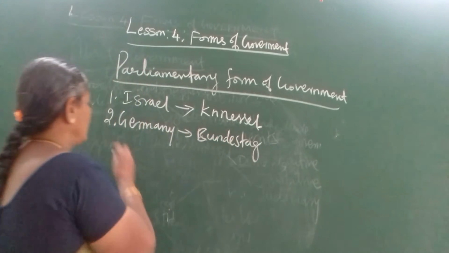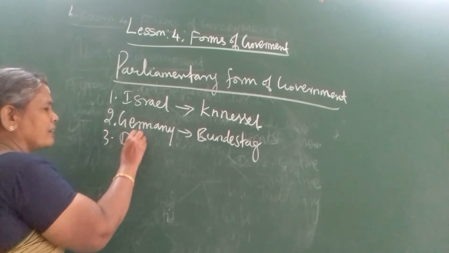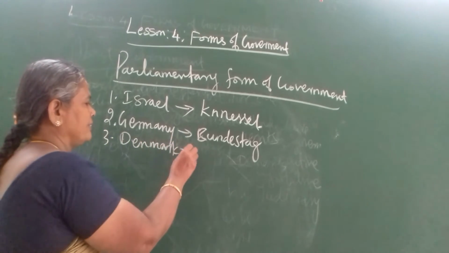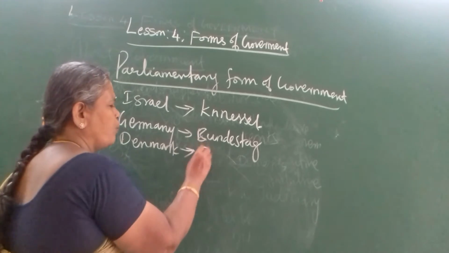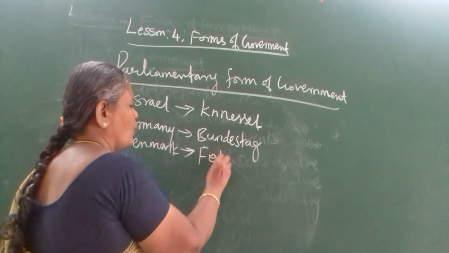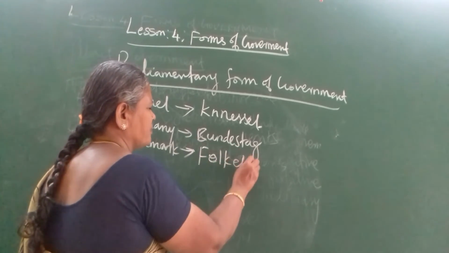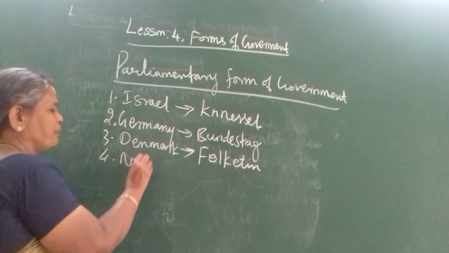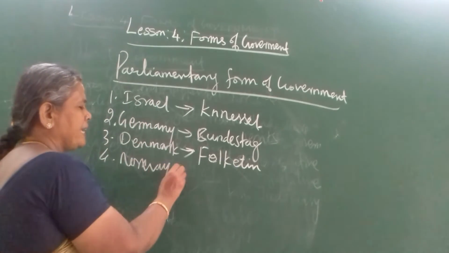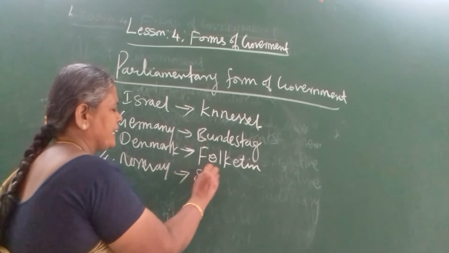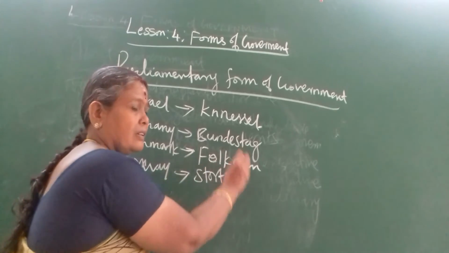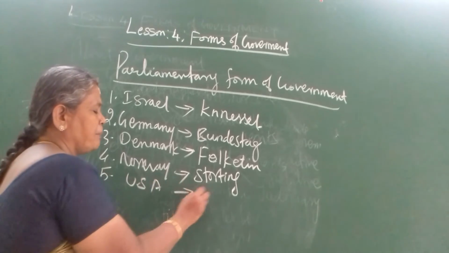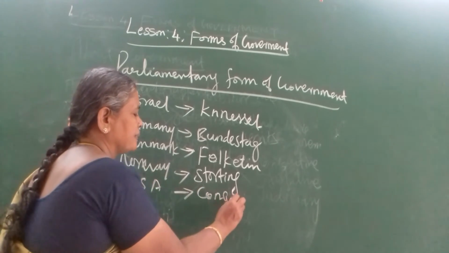Then Denmark: we call it Folketing. Norway: the parliament name is Storting. Then USA: the parliament name is Congress.